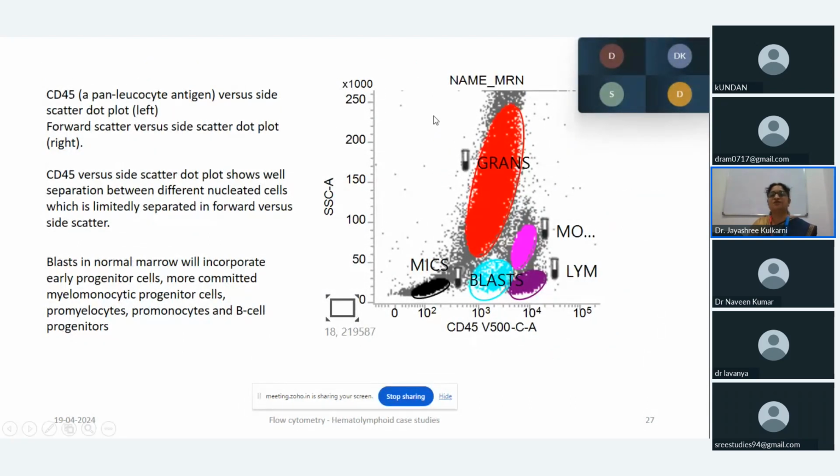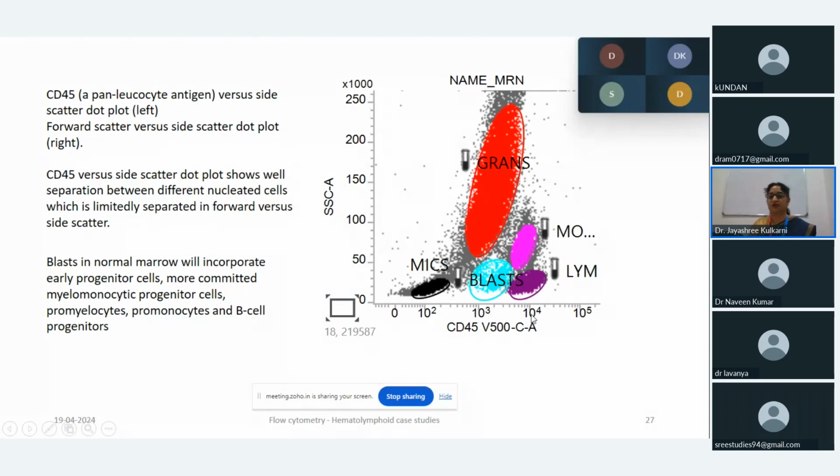Now, this is the most important plot whenever you are interpreting your cells. This consists of CD45 versus side scatter. Now, why CD45? We know CD45 is the leukocyte common antigen. And whenever you stain all the cells with CD45 and plot it against a side scatter, your brightest cells are your lymphocytes and they are small in size.